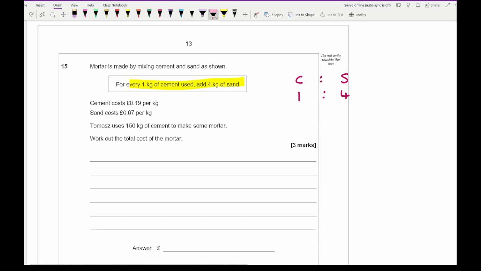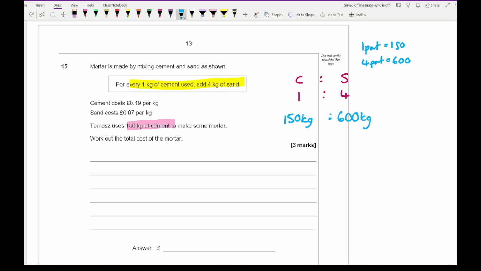Now we know that Thomas has 150 kilograms of cement, so this here is going to be 150 kilograms. So 1 part equals 150, so then 4 parts is going to be 4 lots of that, which is 600. So that means we've got 600 kilograms of sand.